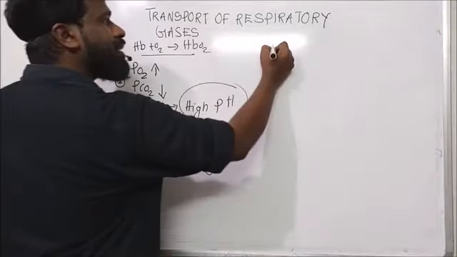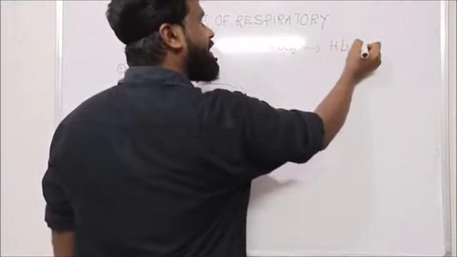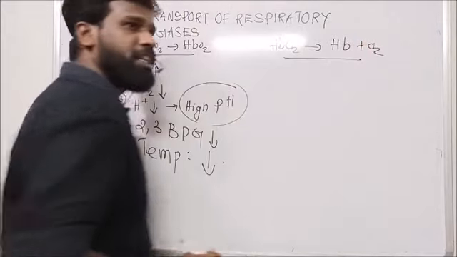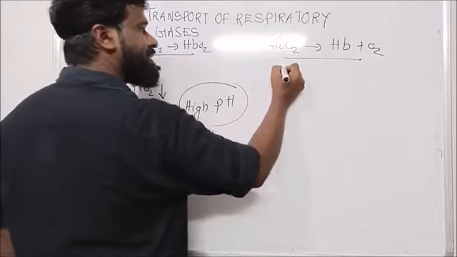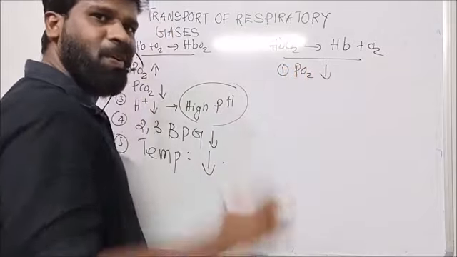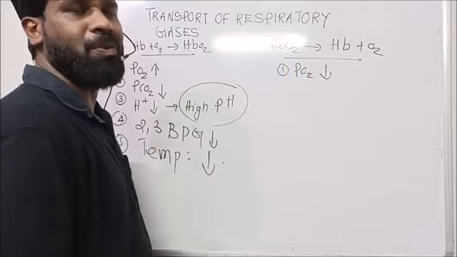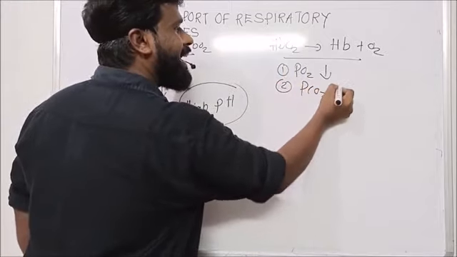Then the conditions favorable for the dissociation of hemoglobin and oxygen. The conditions are low PO2. At low PO2, hemoglobin dissociates from the oxygen. Then high PCO2.